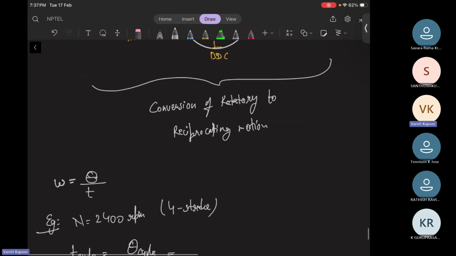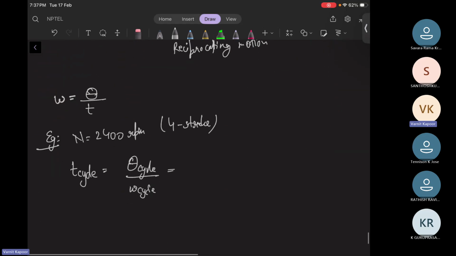This thing I have also explained in my initial tutorial. So 2 complete revolutions, that is 2 times 360 degrees, and it is in degrees. I want radians, so I'll multiply by pi by 180 degrees. And what is omega of cycle? It is given as 2400 rpm, but I want radians per second, so I have to multiply.